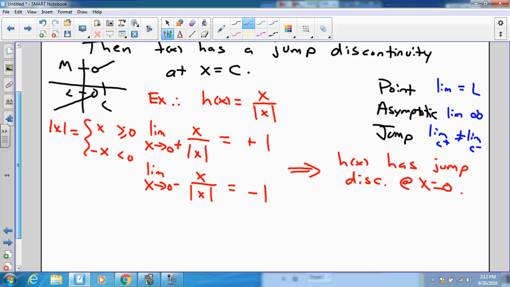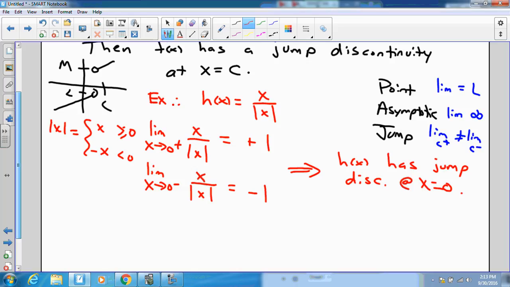What are some other functions that we have seen that can have jump discontinuities? Yes, sir. Yes, the greatest integer function has a jump discontinuity where? Bingo. At every integer. What other types of functions? You were about to say something. Piecewise defined functions can often have jump discontinuities at the joints where the pieces come together.